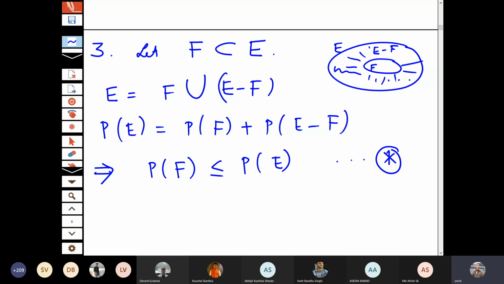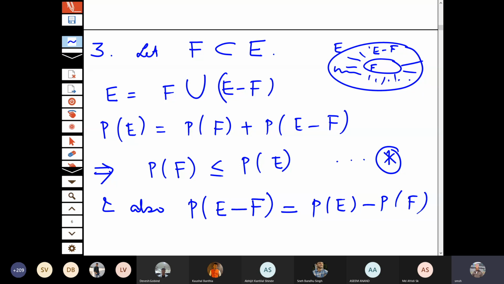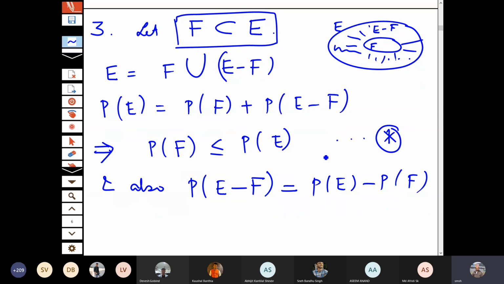So let me put here star, and also that probability of E minus F is equal to probability of E minus probability of F. So if F is a subset of E, then first thing is that the probability of F will be less than or equal to probability of E. So what does it mean? It means probability is a monotonic function.